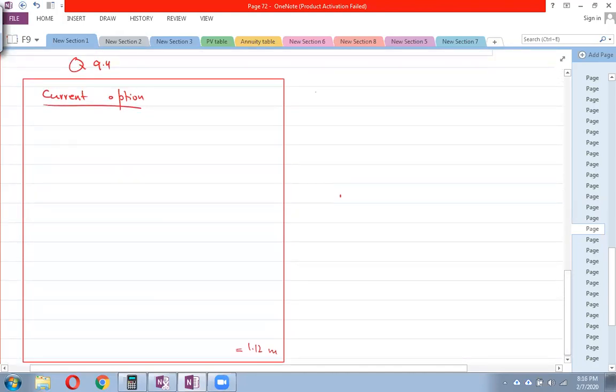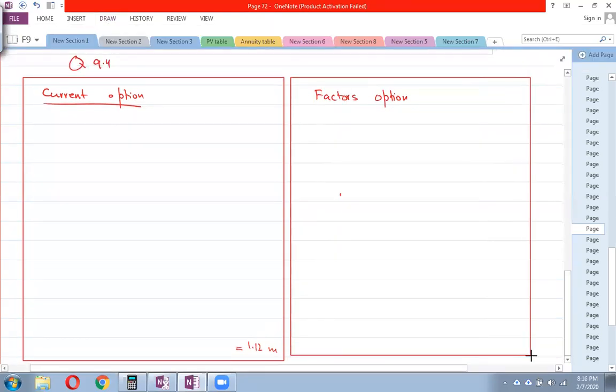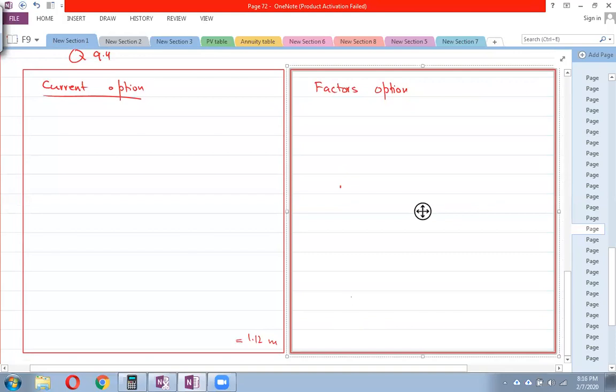If we go for the factor's option, so how much will be our overall cost, right? So let's calculate it. The factor is giving you the debt collection service, number one, right?